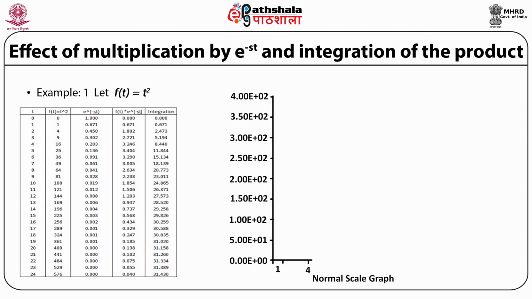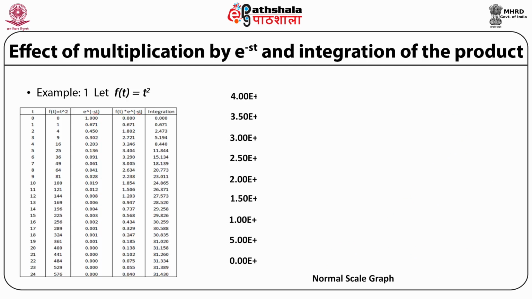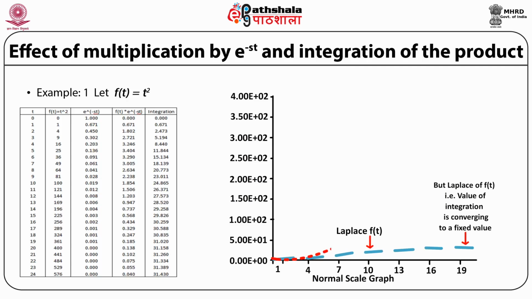The effect of multiplication by e power minus st and integration of the product. We are going to see some graphical examples. Let us take a function t squared. You can do this by opening an Excel sheet and doing as follows.